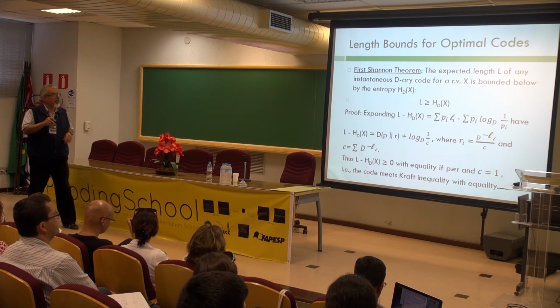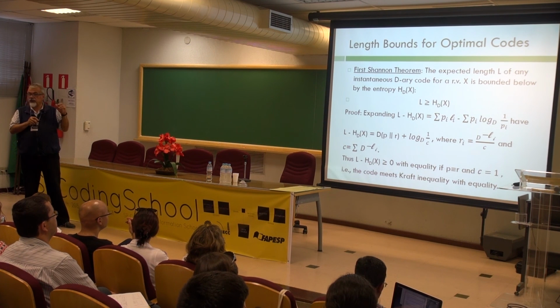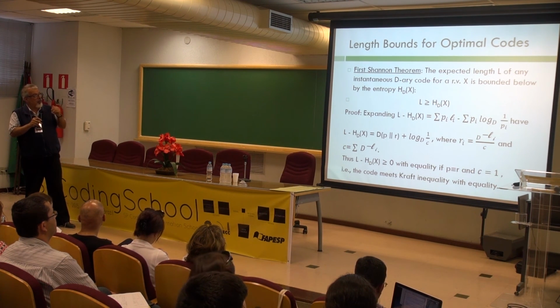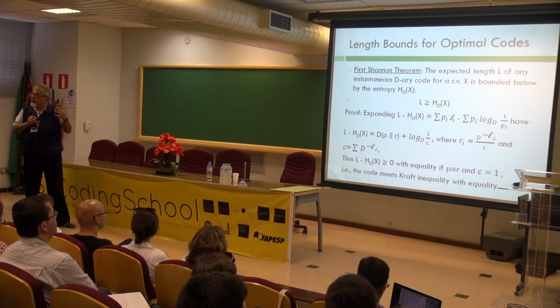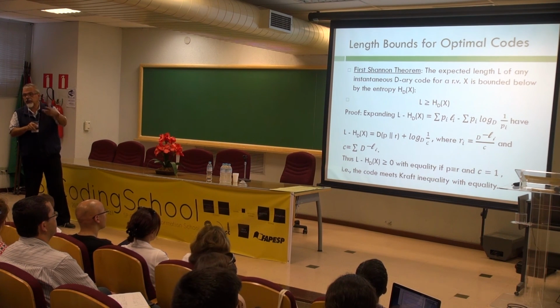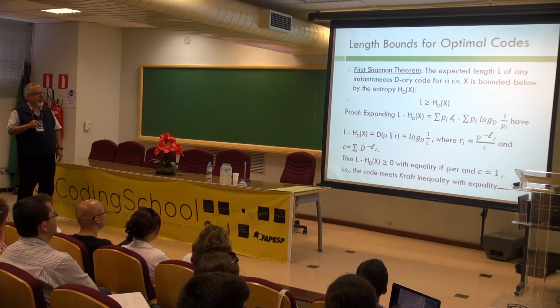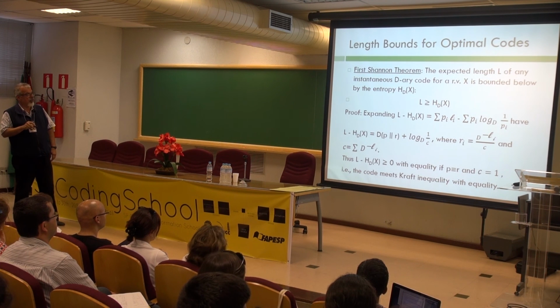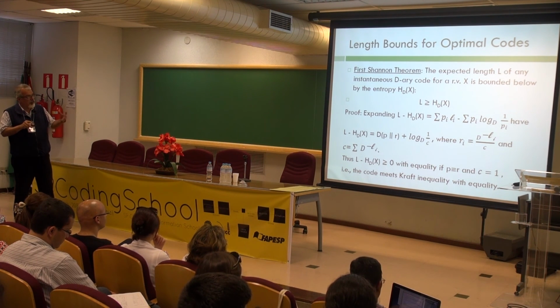He showed the expected length of any instantaneous D-ary code of a random variable has to be bounded below by the entropy of the source. So you cannot have a length that is smaller than the entropy of the source. And that's the entropy with respect to the base D that's being used for the code. Very often we're going to be using base 2 because the code will be binary.